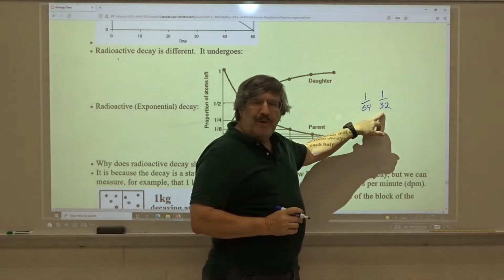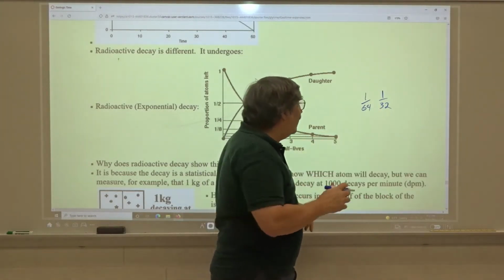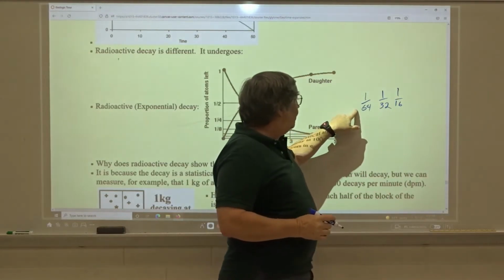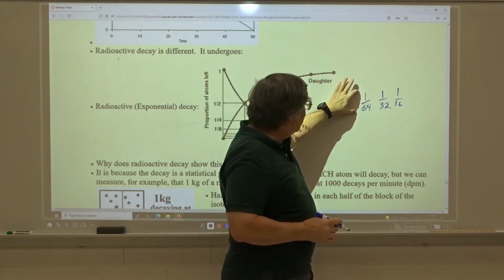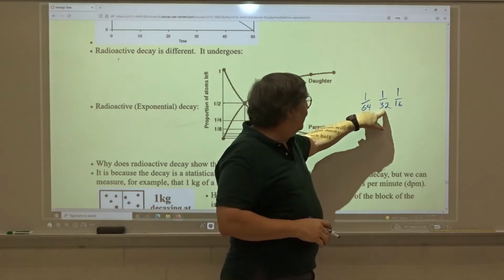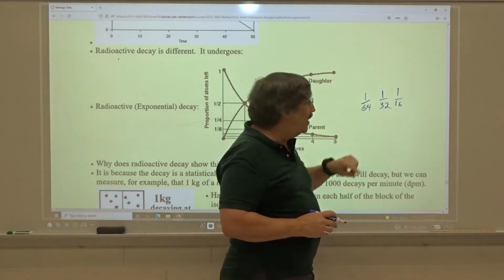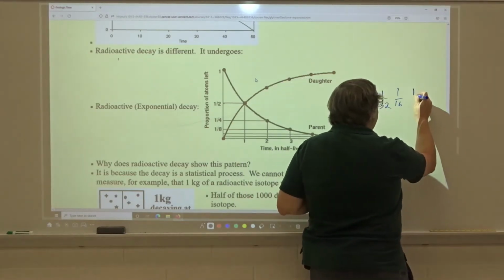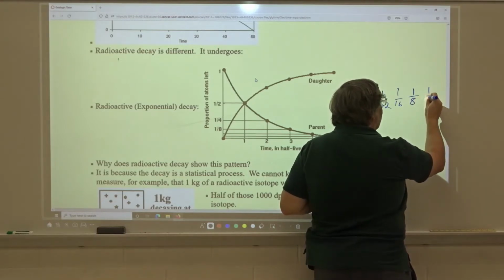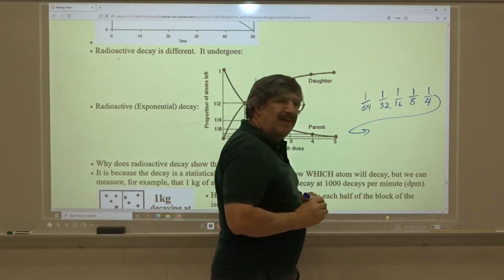How much would we have had if we had one less half-life than that? We'd have 1/16. What am I doing each time? I'm multiplying that fraction by 2, which gives us 2/64ths, which would be 1/32. This would be multiplied by 2, 4/64ths, which is 1/16. And again, we would see that as we go back in time, we have more and more of the original isotope.